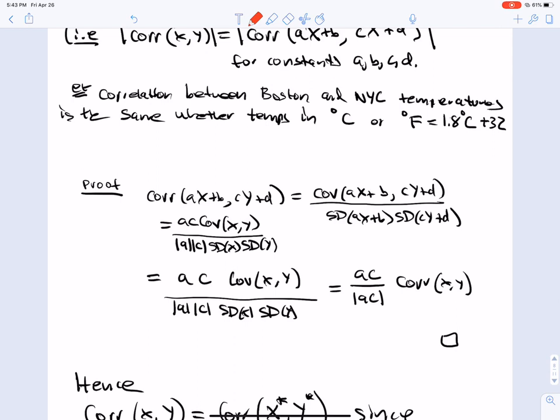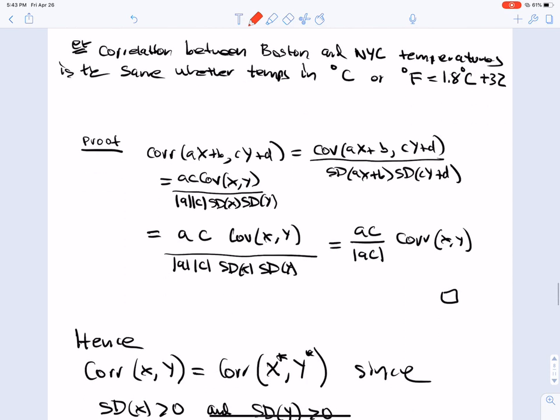The proof of this is easy. The correlation of aX plus b, cY plus d is the covariance over the SDs. The a and c pull out of the covariance, and the a and c pull out of the SDs, but as absolute values because the SD is necessarily positive.